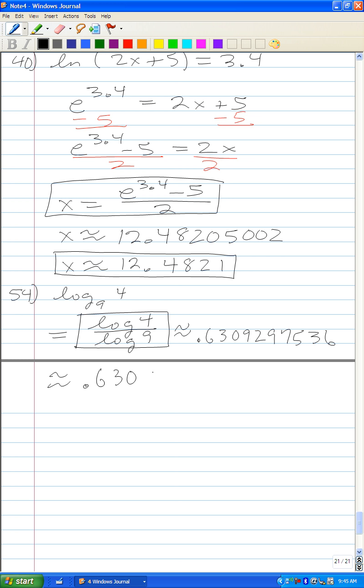Since the next digit 2 is less than 5, we'll just leave it at 9. And that's your answer.